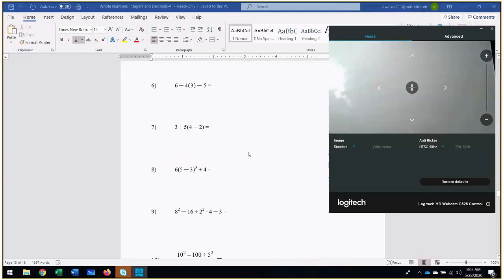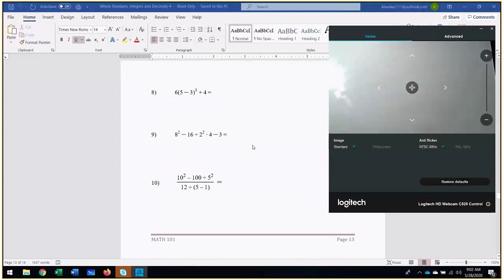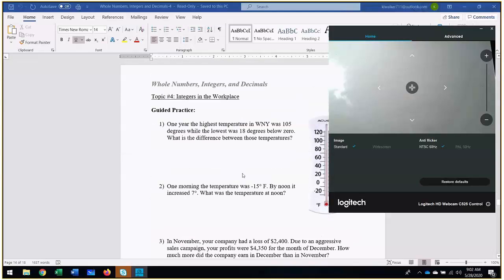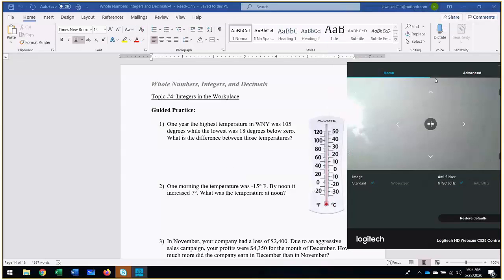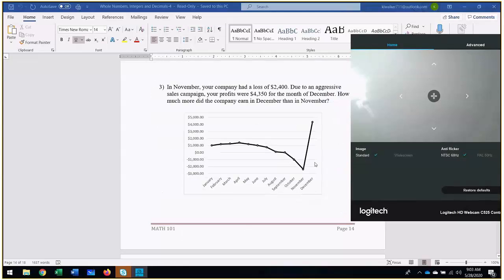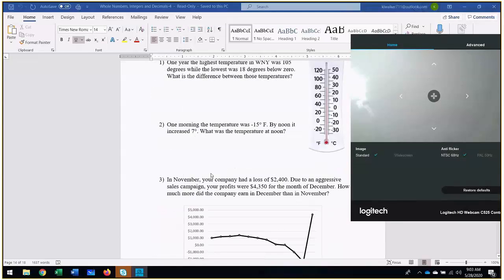These are just more practice problems. So since you guys had no questions, I'm going to assume you're good and we're going to skip this. I want to just bring in some word problems because this is a lot like what you're going to see on your homework. So we're going to walk through a few of these and then that should wrap it up for today.